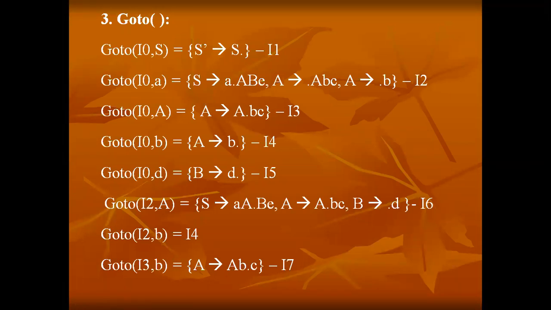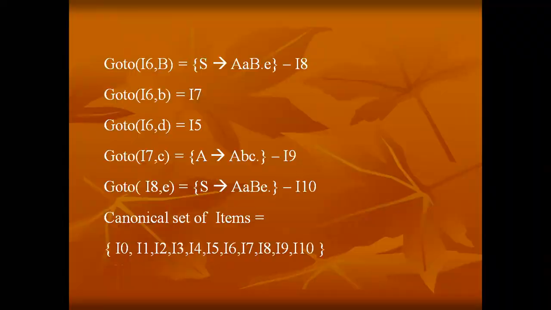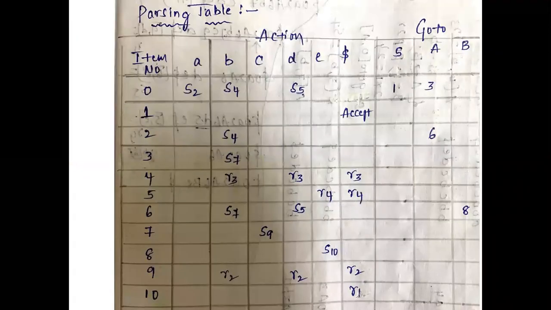The action column consists of four basic operations from the shift reduce parser. One is shift, one is reduce, the third is accept, and the fourth is error. While filling the action column, first you need to fill, at item number one comma dollar, always accept.